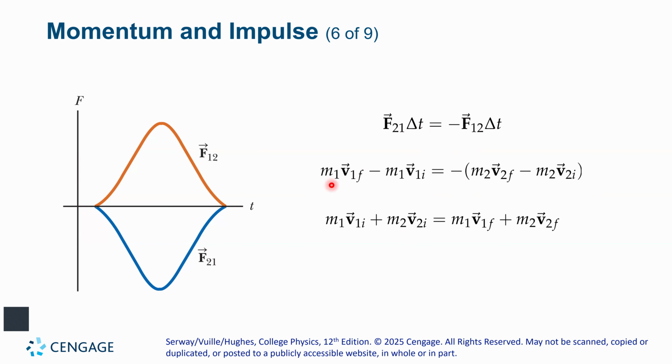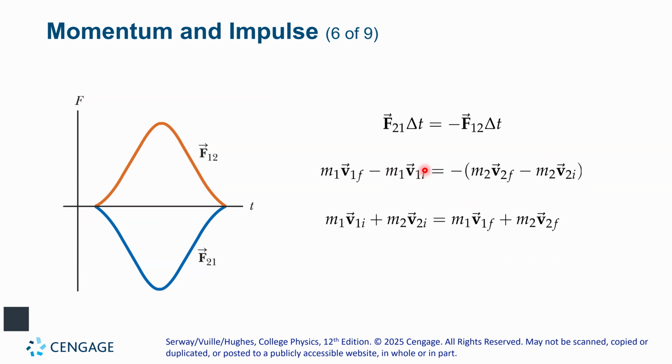That means m1 times final velocity of 1 minus m1 times initial velocity of 1 is the negative of the same, which is the change in momentum for mass 2: m2v2 final minus m2v2 initial. Then we are going to rearrange.